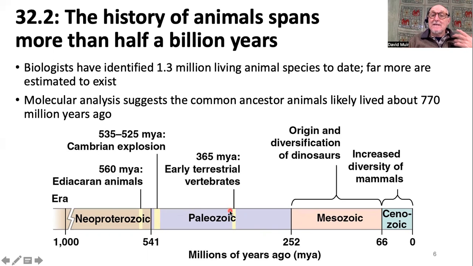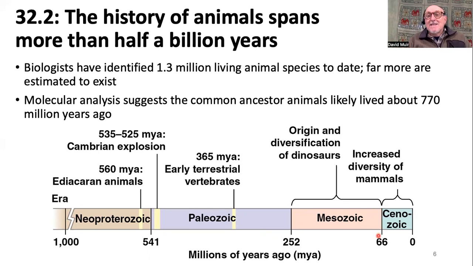The first early terrestrial vertebrates came up onto land about 365 million years ago, emerging from aquatic species. This here is called the Paleozoic, and that means the era of ancient life. The Mesozoic here is the one era which everybody seems to know about, because this is the time of the dinosaurs, of the flowering of the reptiles, and the dominance of this one particular reptile group, which were the dinosaurs.